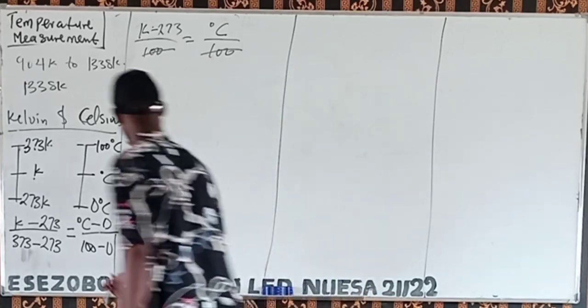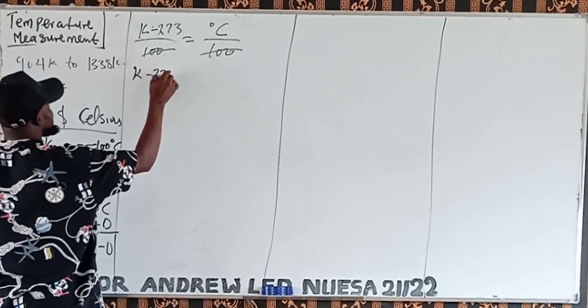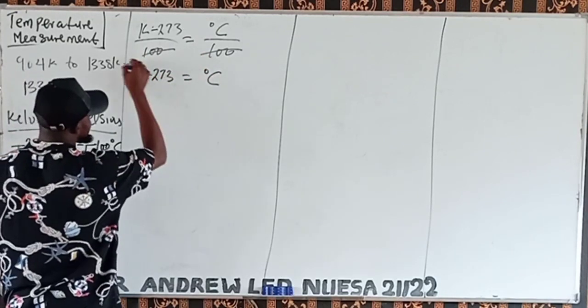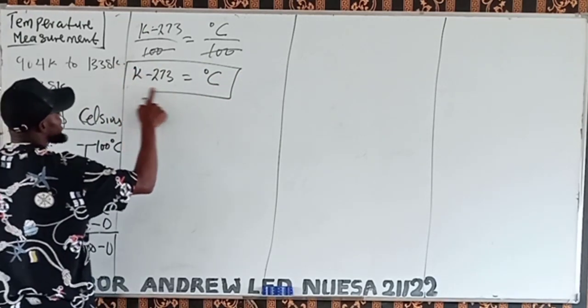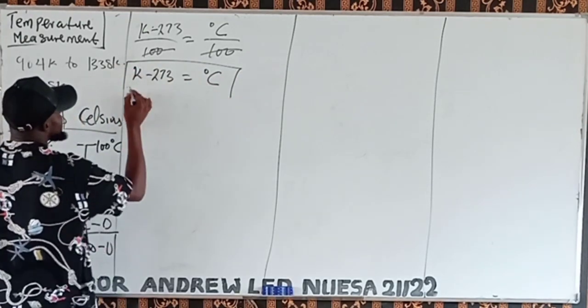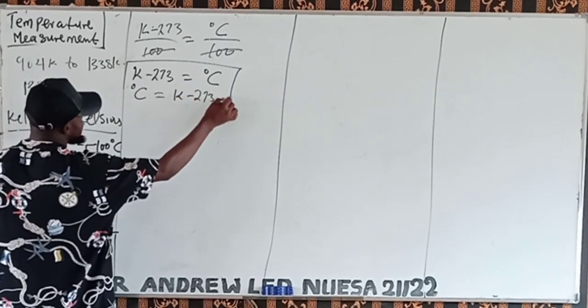So next, we have K minus 273 is equal to degree Celsius. Take note of this. You can write degree Celsius as Kelvin minus 273.